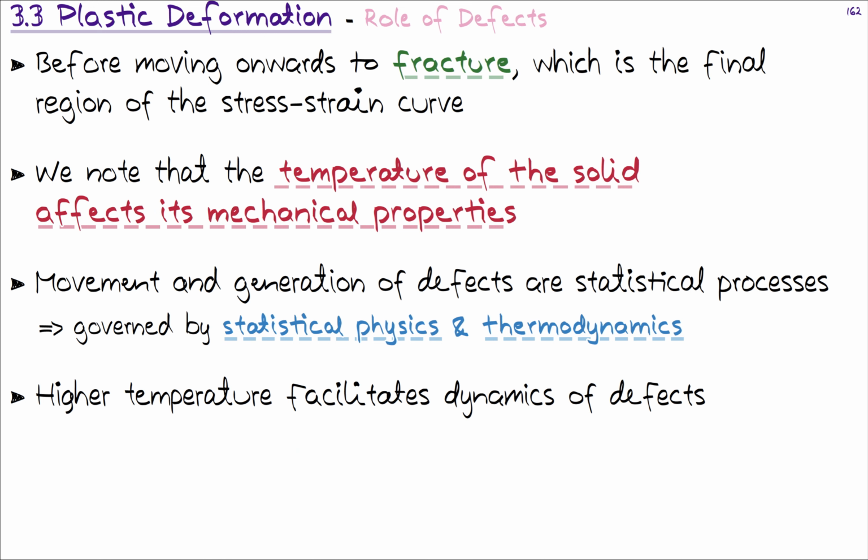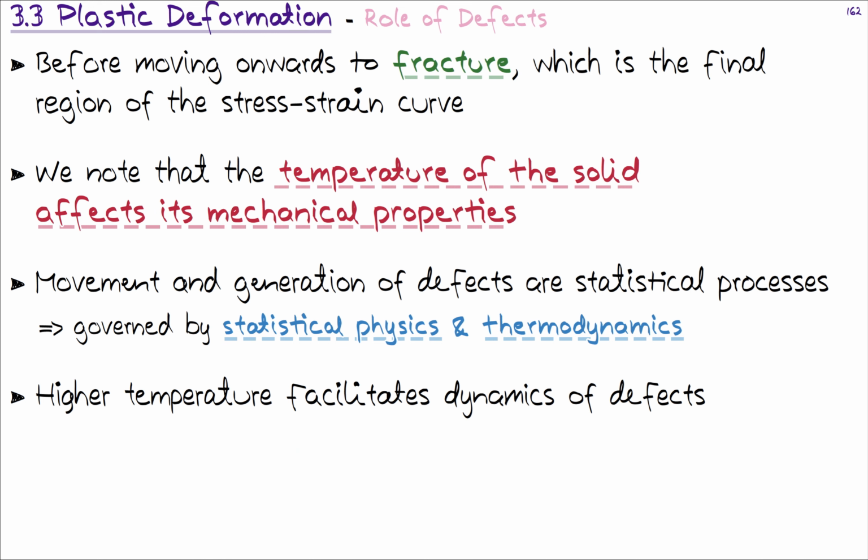The defects move more easily at a higher temperature. It's quite intuitive when we think that the defects, their dynamics, movements and generation are statistical in nature. Then we can understand things surprisingly well based on thermodynamics and statistical physics.